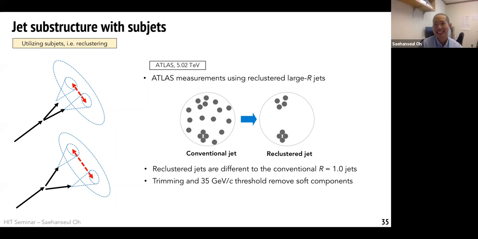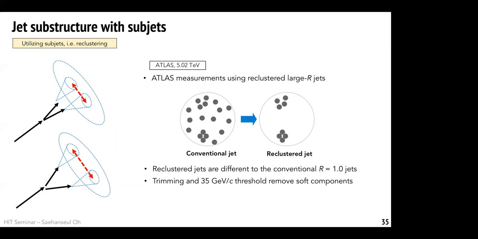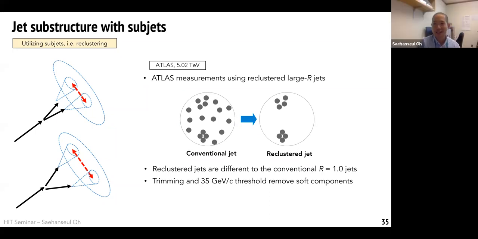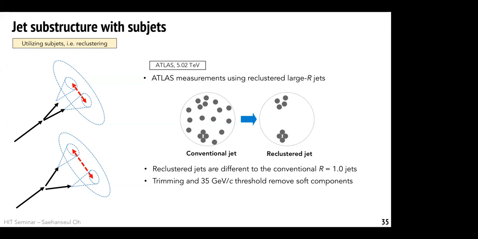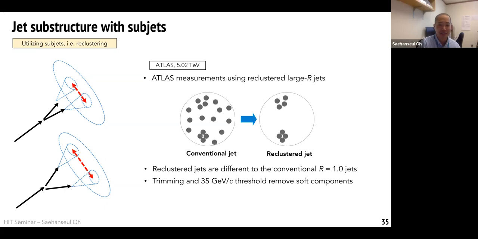Okay. You get the bigger jet first and then recluster the particles inside for smaller jets. Yes. Thank you for the question. That's exactly what STAR does. So they are different. Yeah, but ATLAS is different, but I'm not from ATLAS.